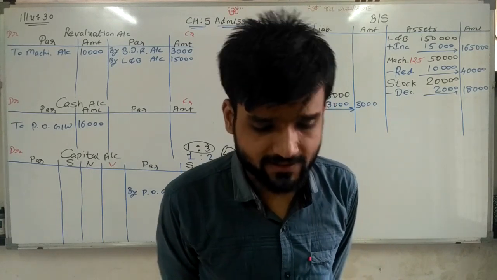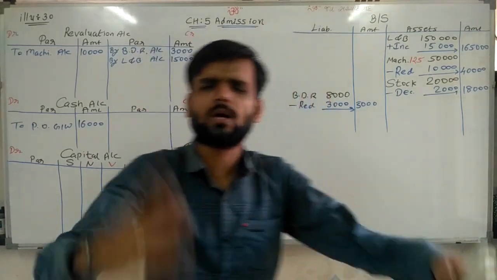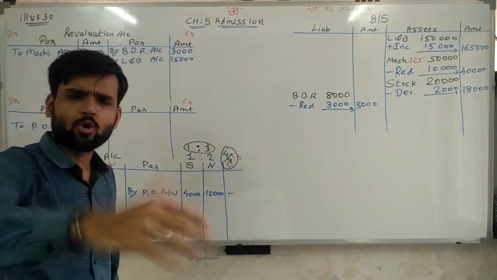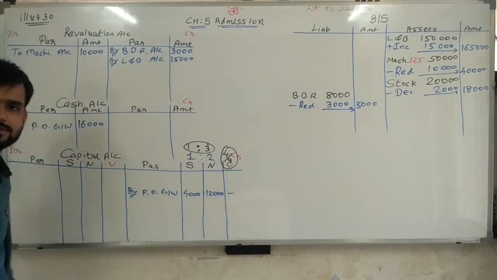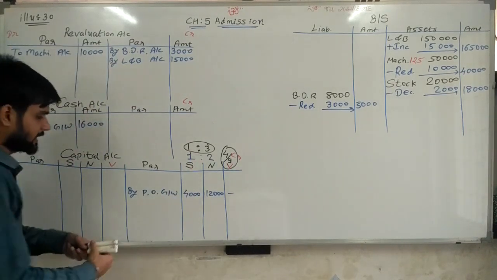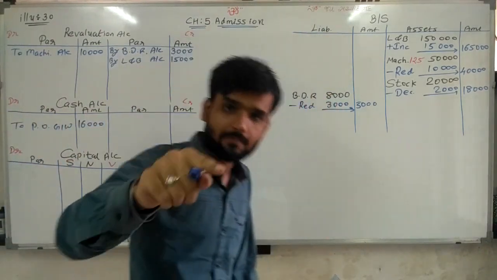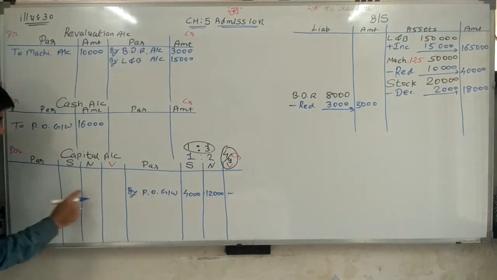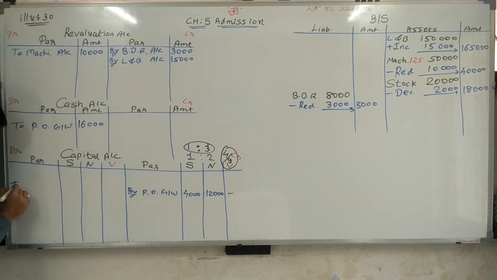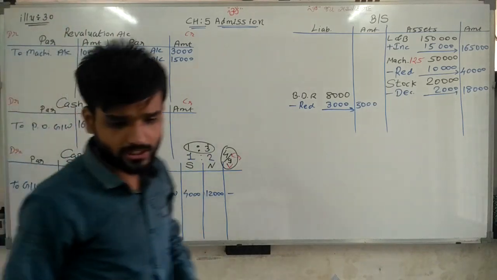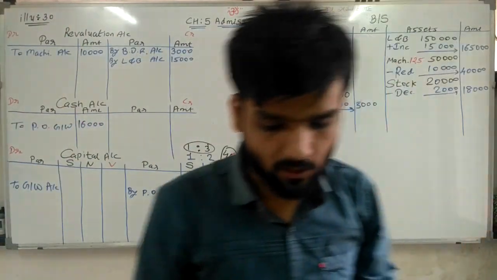In the balance sheet, assets, goodwill given 27,000. Don't worry. Old balance sheet, old ratio distributed. Simple. Goodwill is given on the asset side. Asset means debit balance, distributed on the debit side. To goodwill account, the amount is given 27,000 rupees.